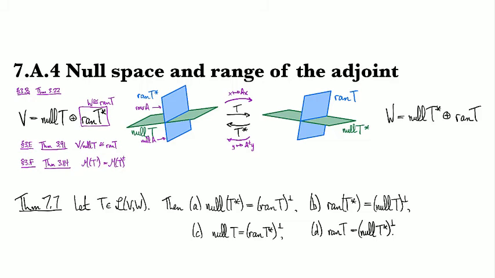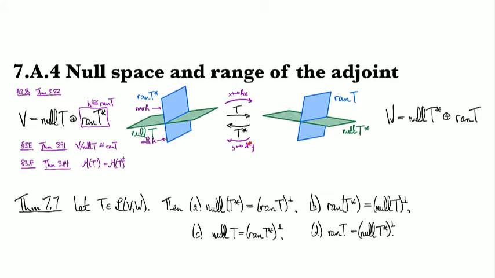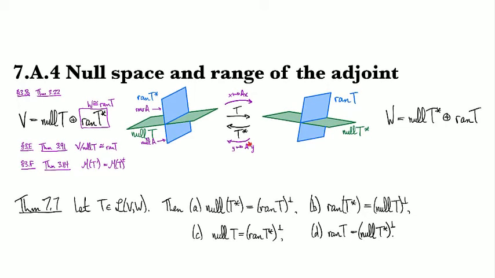Now, for an inner product space, we're going to change that just a little bit and replace transpose with a star. And we'll see that things become a little bit nicer.